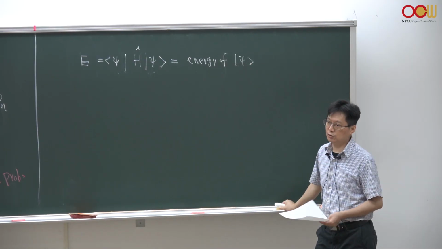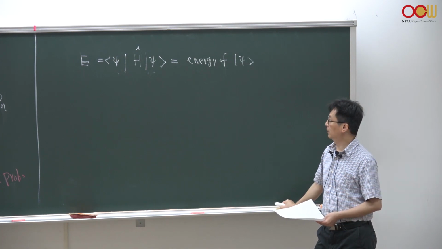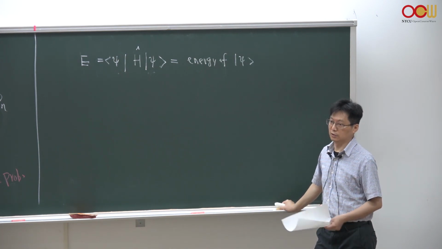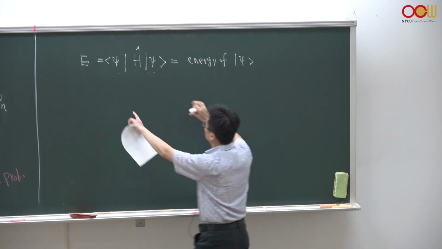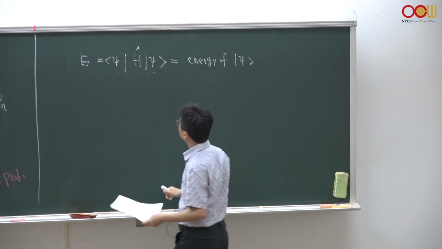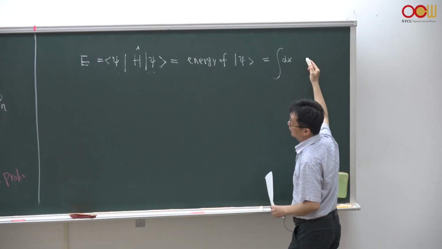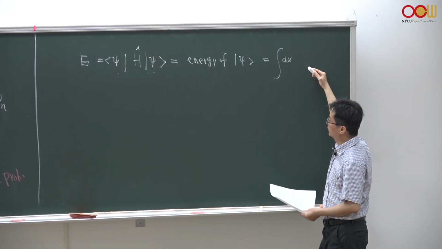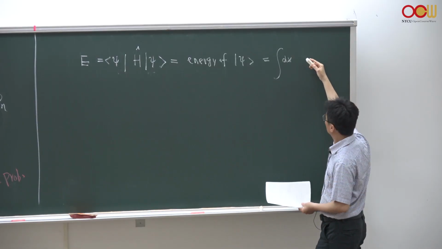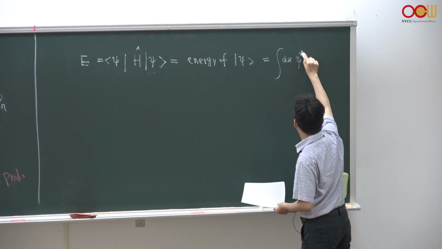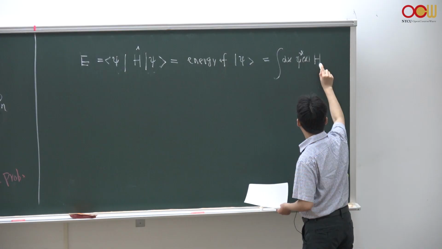So if you have an arbitrary quantum state psi in the system defined by the Hamiltonian, I could just take this expectation value of the Hamiltonian sandwiched by any quantum state, which is associated with the Schrödinger wave function. Remember, this is nothing but the Schrödinger wave function, right?